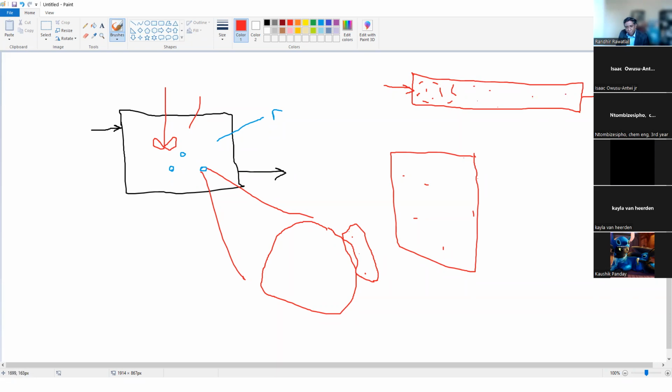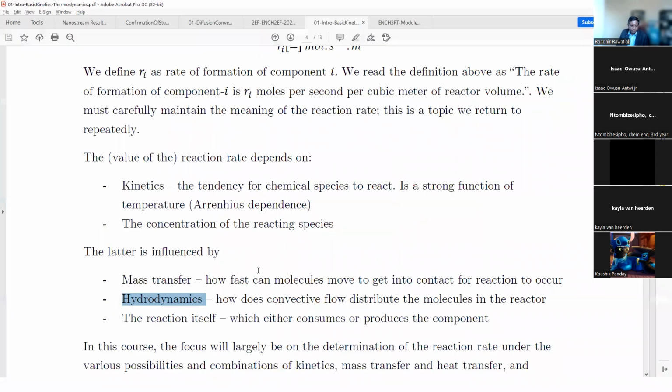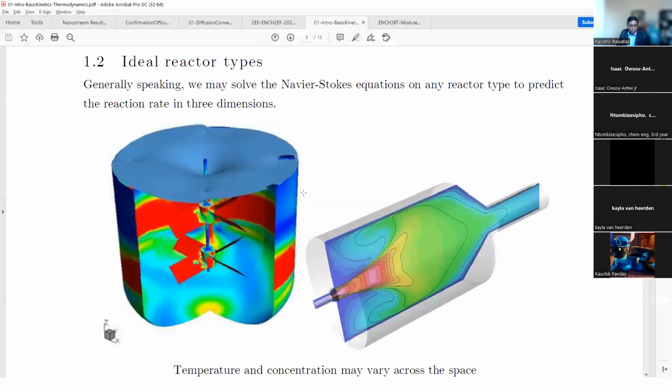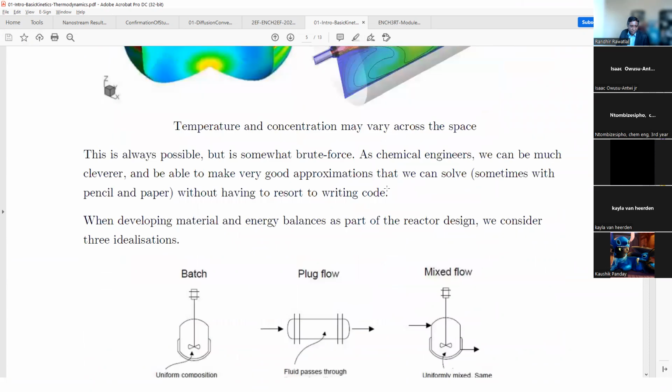And by the end here, we get a different concentration. So the reaction rate here is going to be quite different to the reaction rate here, right? So mass transfer and flow, all those things affect the performance of our reactor. That's why you'll see quite a lot of computational fluid dynamics work where we try to estimate the concentration variation across the space.